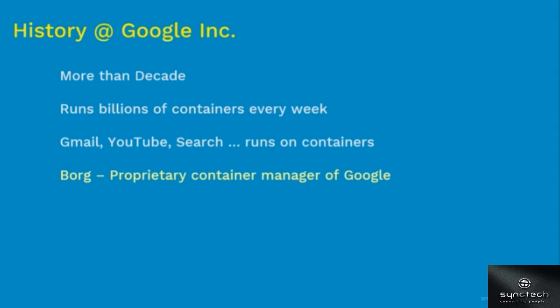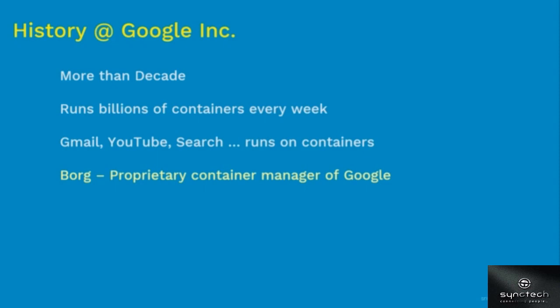During that time, internally at Google, a couple of engineers, along with Joe Beda, Brendan Burns, and Craig, thought of coming up with a new tool from their lessons learned from Borg and their more than a decade of experience in the container space. That tool is now called Kubernetes.